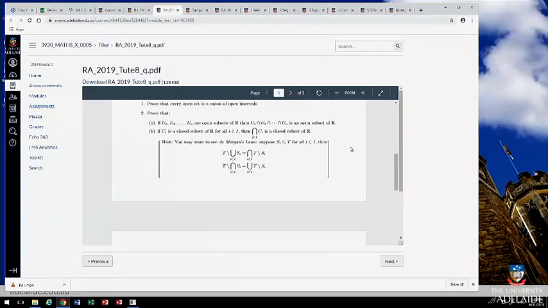Oh, let's prove that if you intersect two open sets, then you get an open set.